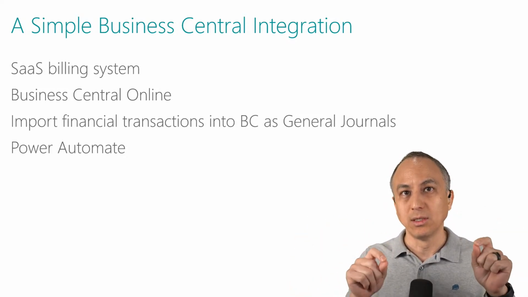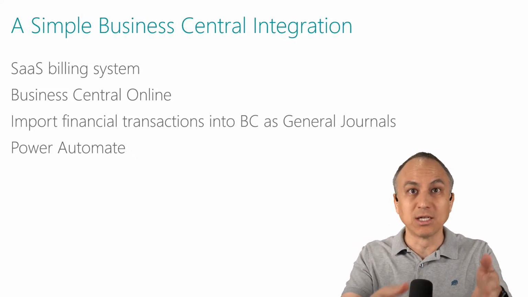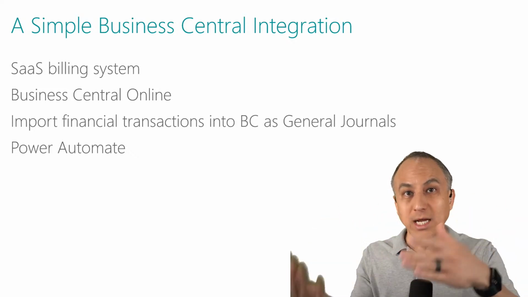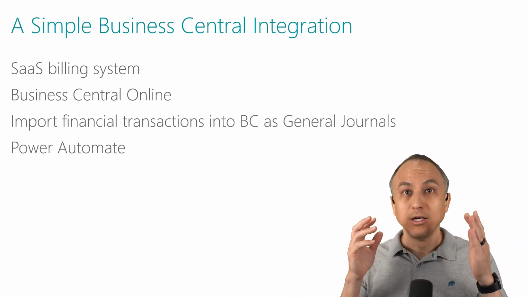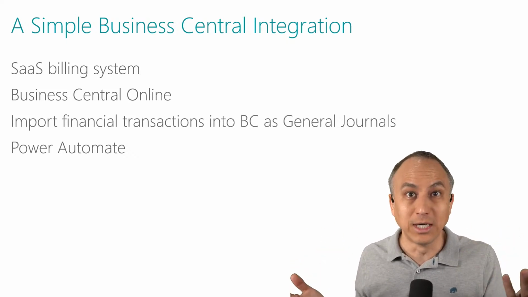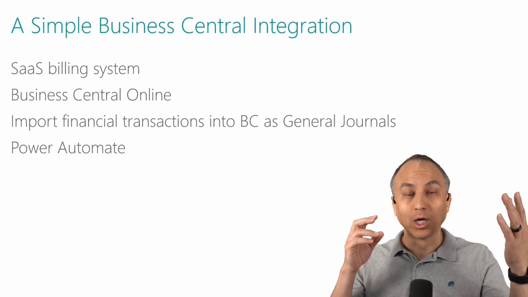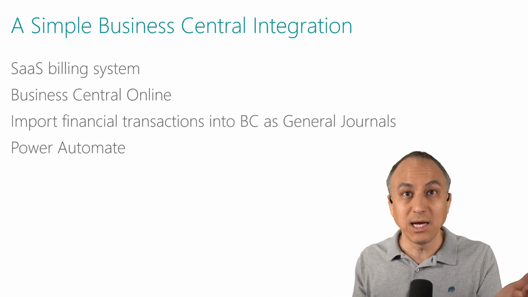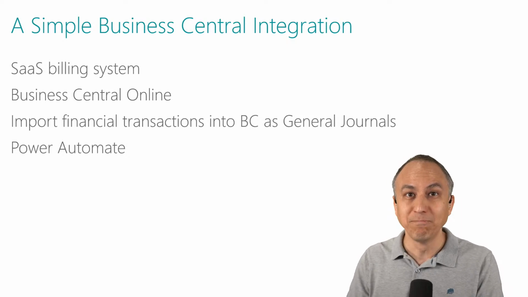All we want are the financial implications of all those invoices transferred and recorded in Business Central. So they just want general journals, or what I would call from the GP world journal entries. So they're going to debit and credit to record their financial transactions. It's like, oh, well, that's nice and simple, right?